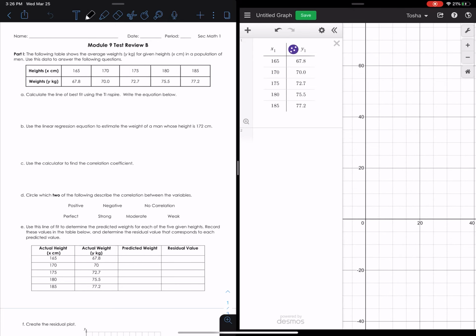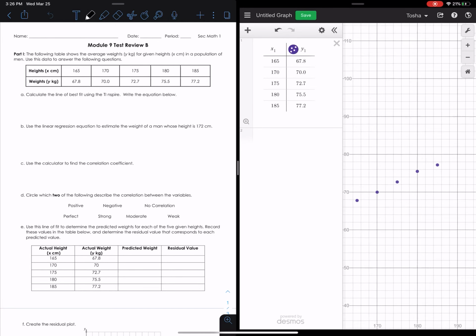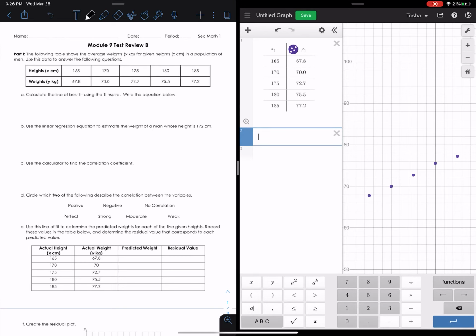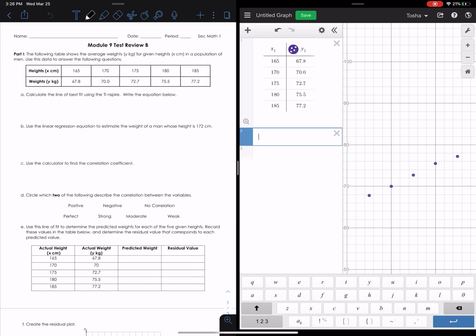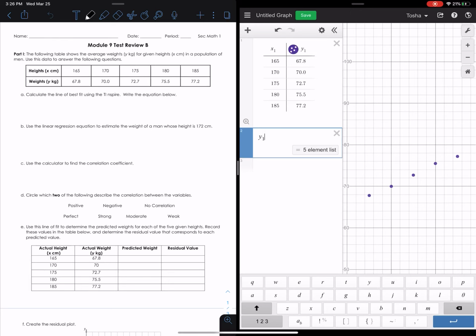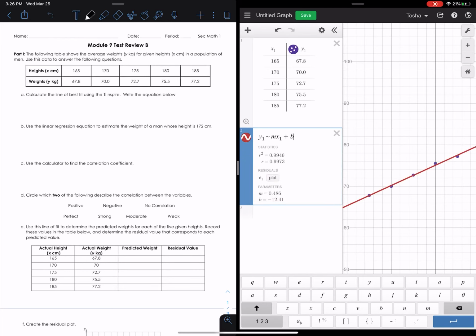So I'm going to find where those points are. Oh, they're right here. Okay, so those are our points. And A says calculate the line of best fit using the TI Nspire. We're going to use Desmos because we're doing online learning and Desmos is super easy to use. So we have y1 and then the tilde, mx1 plus b.